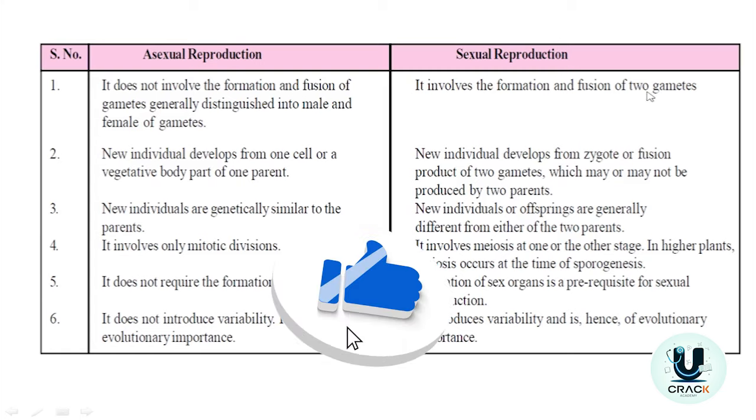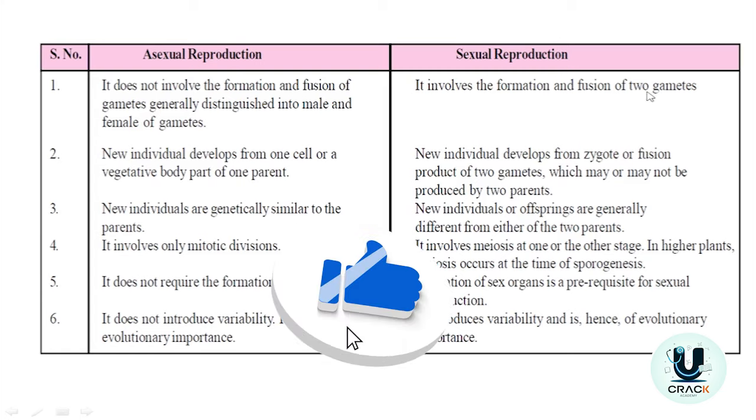Fourth one: asexual reproduction involves only mitotic division. Sexual reproduction involves meiosis at one or the other stage in higher plants. Meiosis occurs at the time of sporogenesis. Fifth point: asexual reproduction does not require the formation of sex organs.